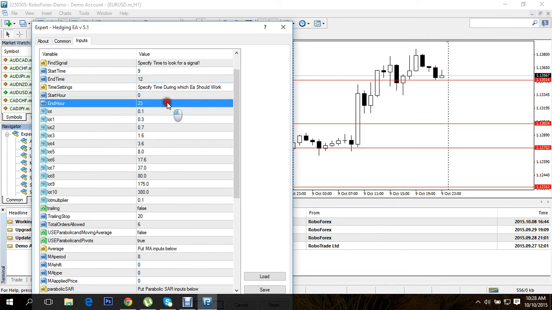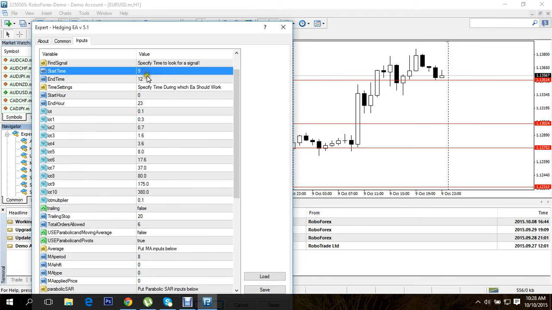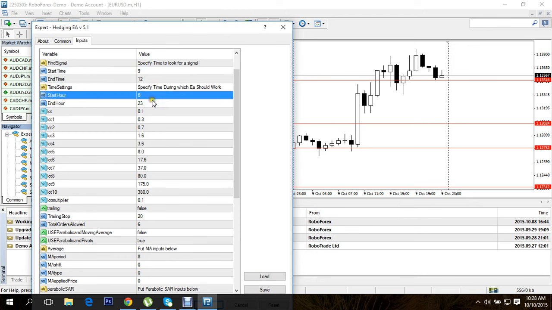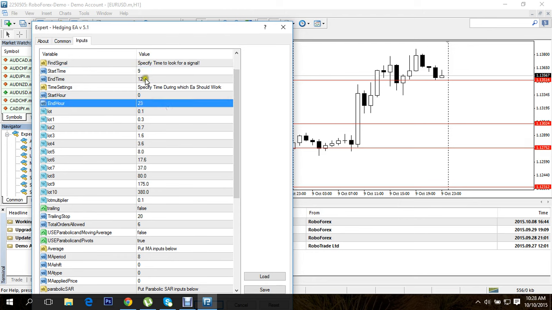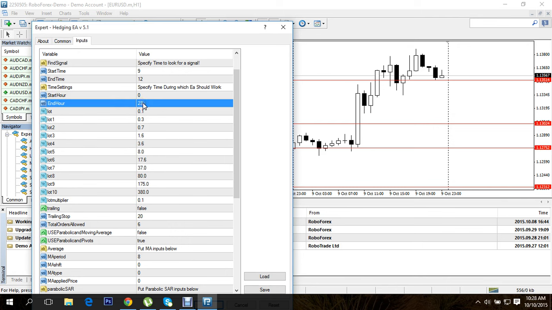But if you set these two variables to, let's say, 9 and 12, and a buy trade is placed and a pending order is placed, and your pending order is activated after the 12th hour, I mean when the 12th hour ends, then it won't be placing any more pending trades, because you set this variable to 9 and this variable to 12. That means no more trades this EA will be placing after the 12th hour.